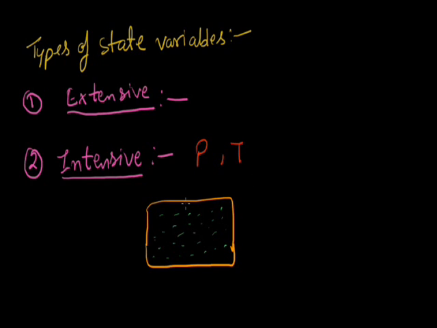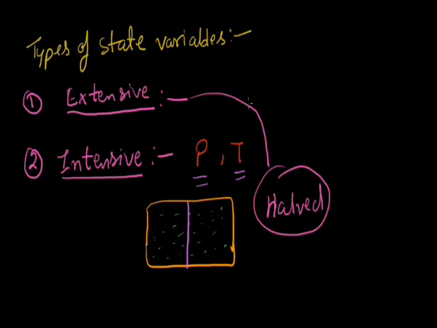So to understand the state variables, let's say I have divided it into two equal parts. The variables that remain unchanged in each part are intensive, that is pressure and temperature, and there are a few variables whose value will get halved in each part. Those variables will be nothing but extensive.